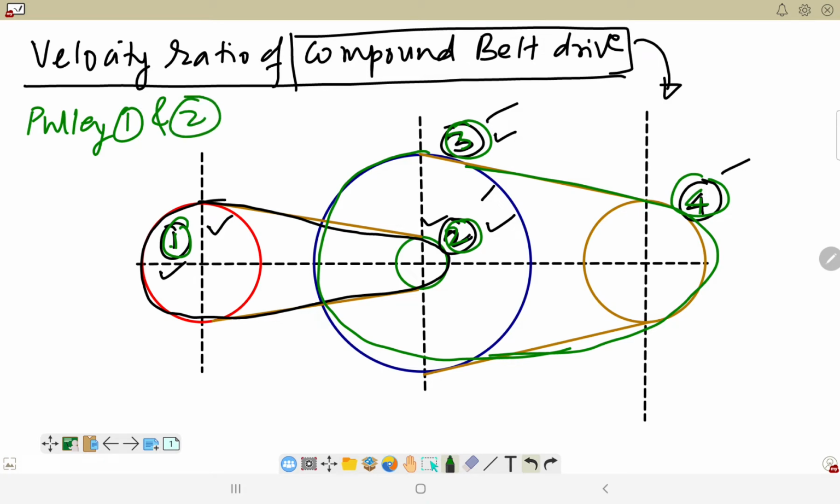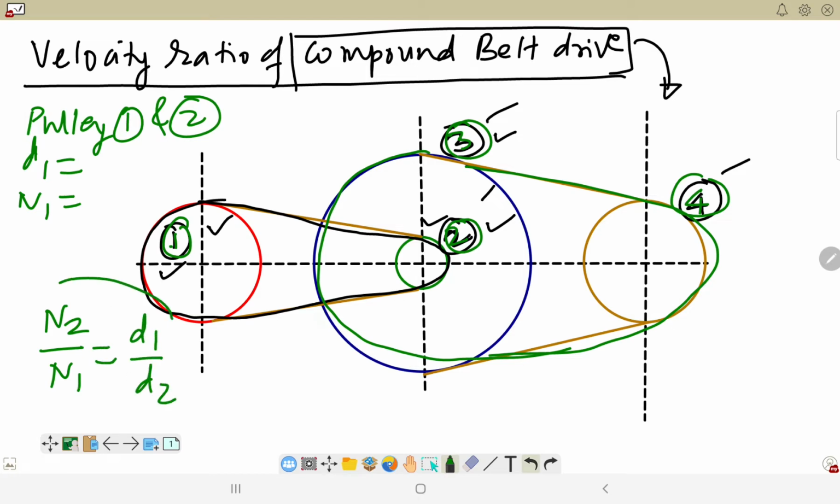If D1 is the diameter of pulley 1 and N1 is the speed of pulley 1, and in the same fashion D2 is the diameter of pulley 2 and N2 is its speed, then we can write N2 upon N1 is equal to D1 upon D2.